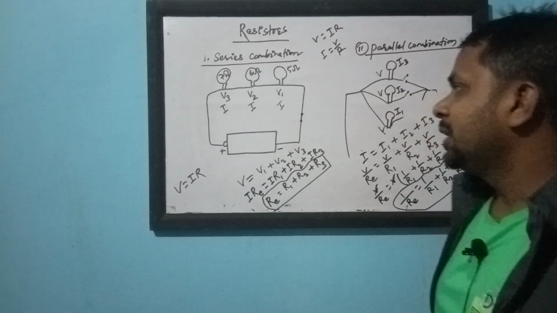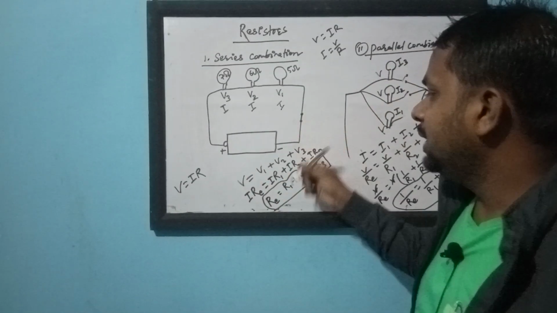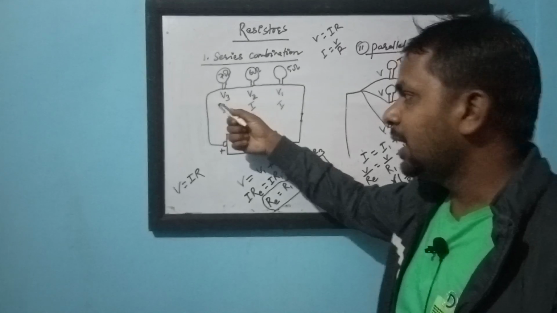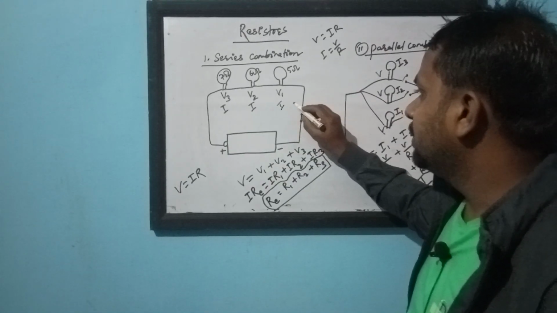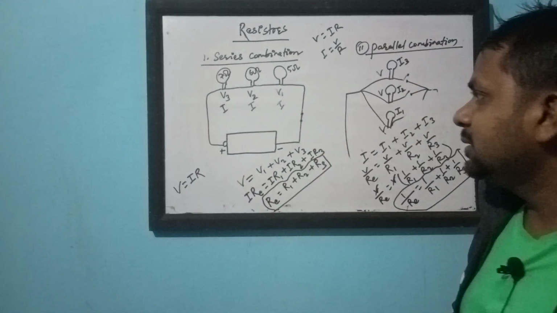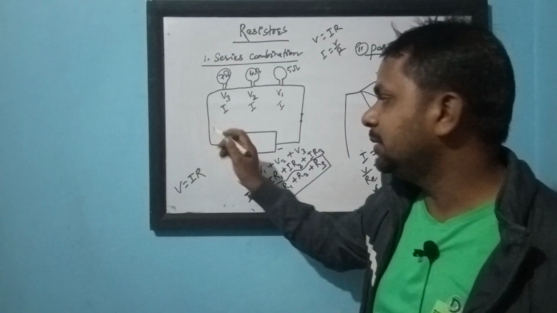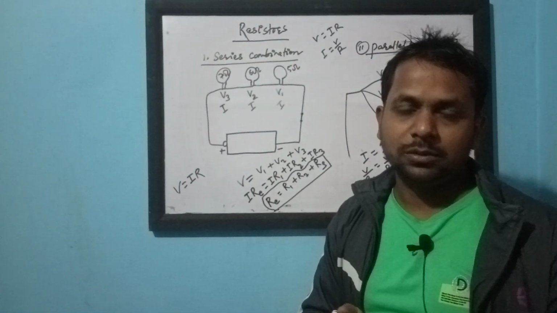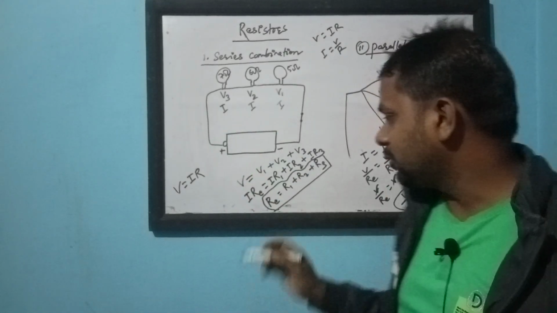Sometimes the question can be extended like this: find out the equivalent resistance, and if 5 ampere current is flowing here, then what is the value of equivalent voltage or potential difference across this circuit?